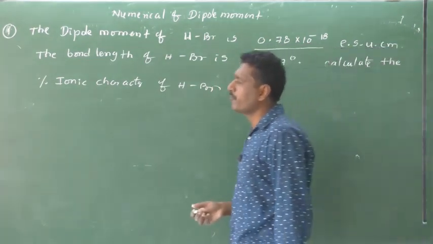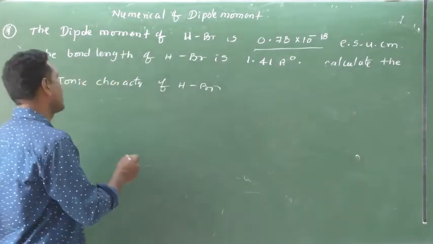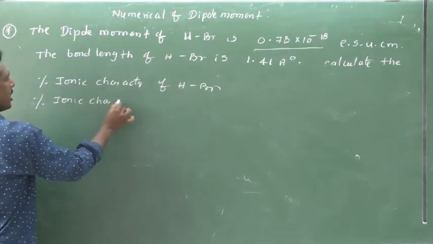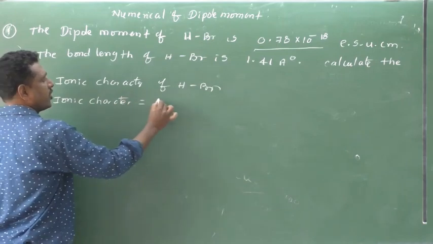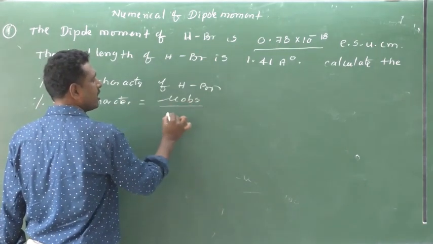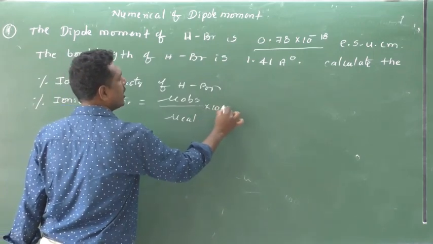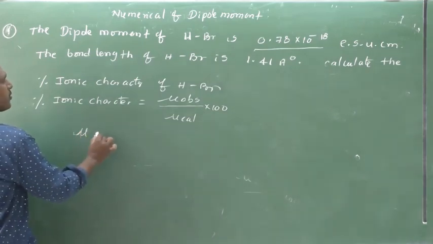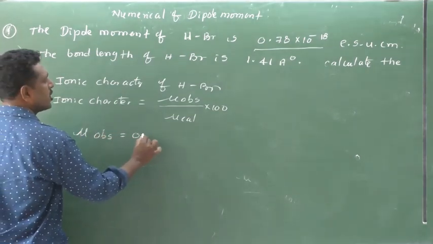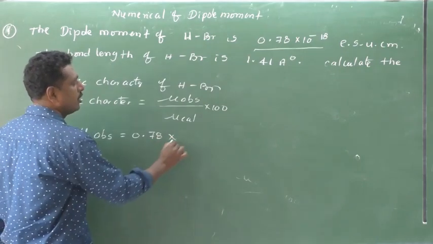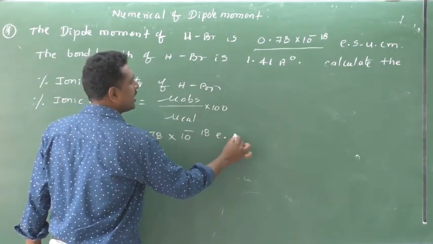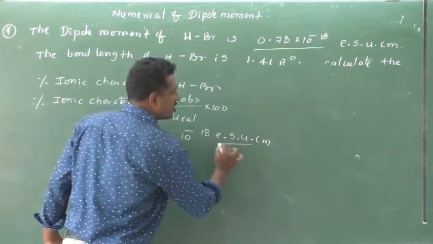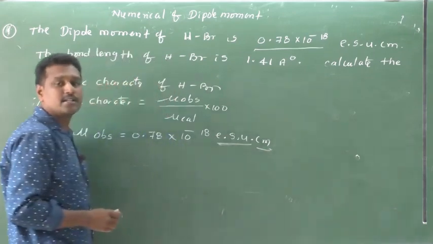The formula is percentage ionic character equals mu observed by mu calculated into 100. Here mu observed is given: 0.78 into 10 power minus 18 ESU centimeters. ESU units are for charge, centimeters are for distance.